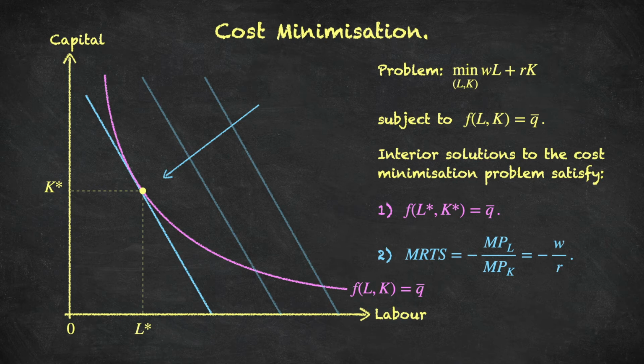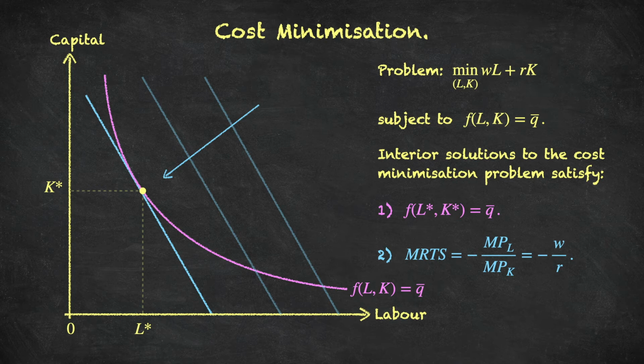Graphically, the problem is find a pair LK which is on this particular isoquant, which here is a pink curve labeled f of LK equals Q bar. So I want to find the particular LK combination somewhere along that isoquant that is on the iso cost as close to the origin as possible.